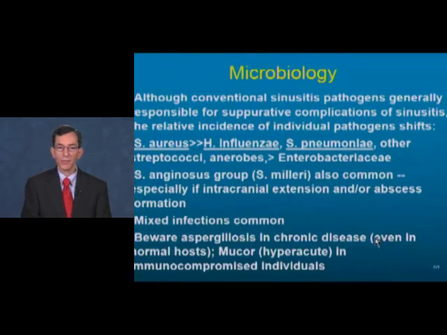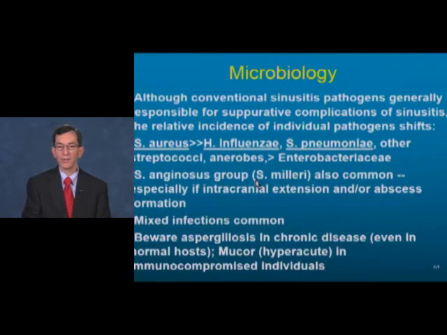In terms of microbiological etiology, most of these cases represent complications of acute sinusitis. And so I've listed some of the typical pathogens: Staph aureus, Haemophilus influenzae, often non-typable these days, the pneumococcus, other streptococci, anaerobes, and if there's a history of prior chronic sinus disease, we will see more anaerobes and Enterobacteriaceae.